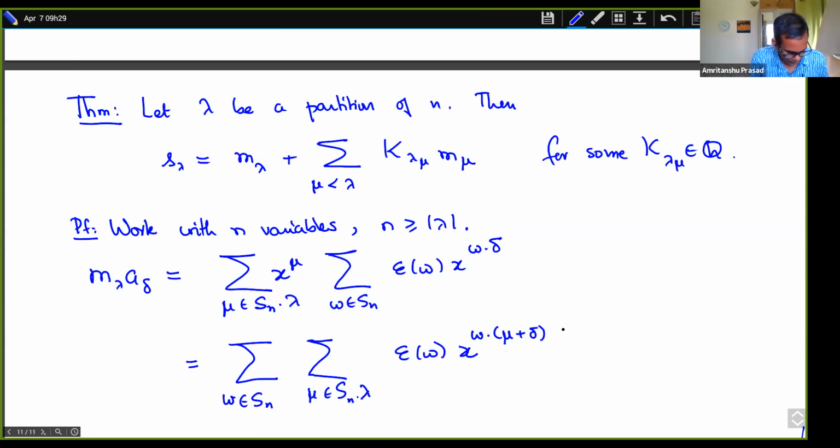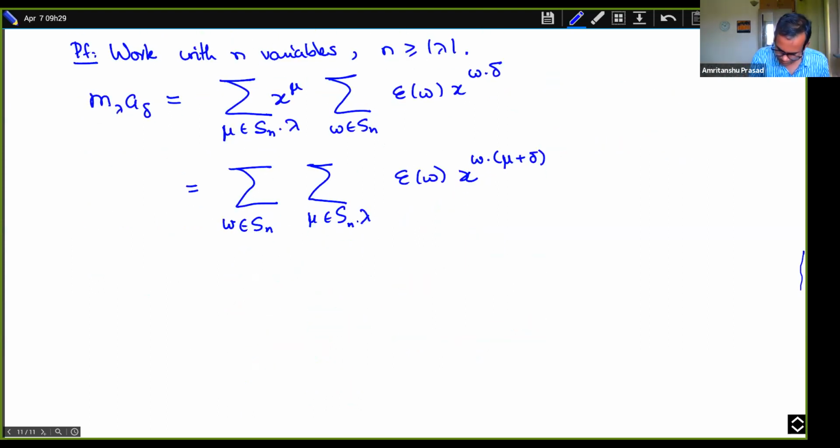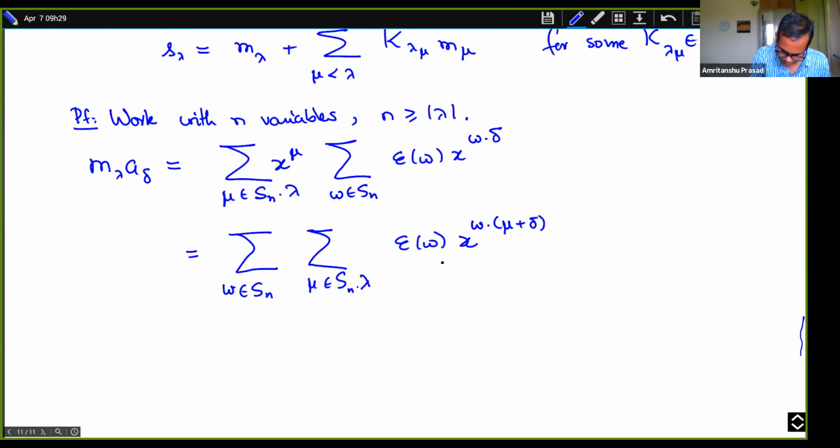But this is nothing but the sum over mu in Sn lambda, w in Sn.